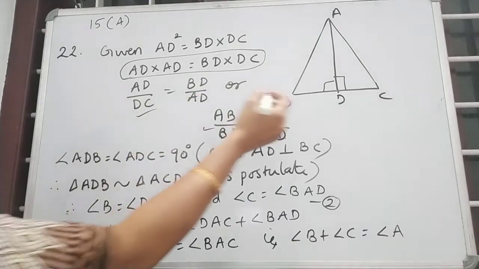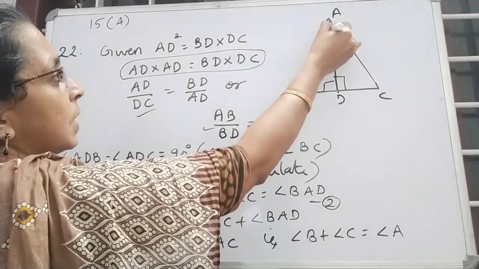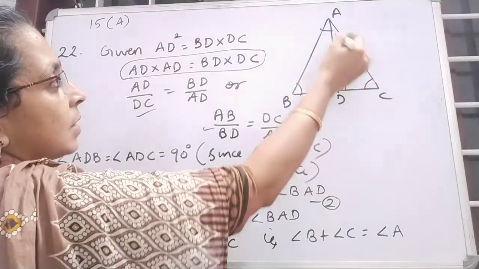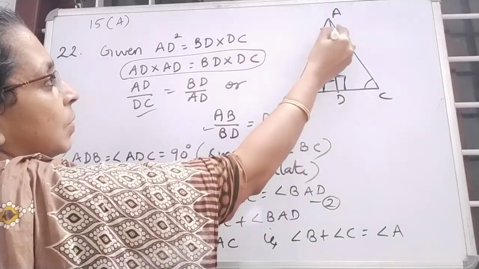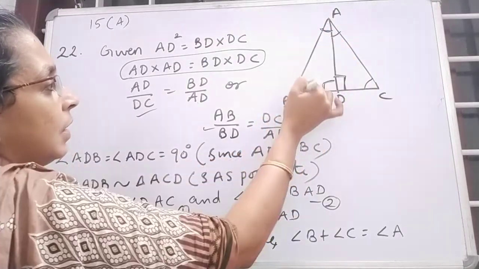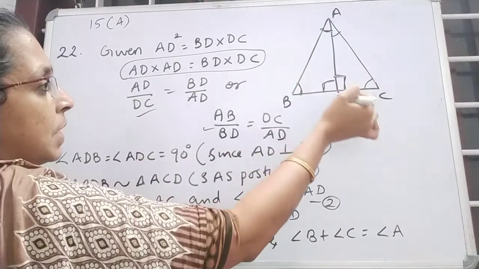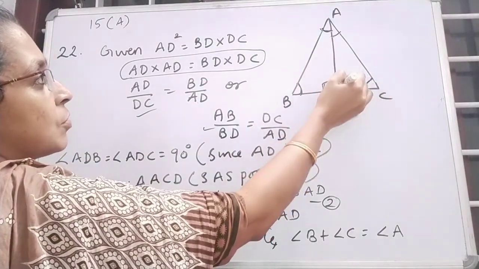These two angles will be equal, and these two angles will be equal. Since this is 90 degrees, these two angles will be equal.